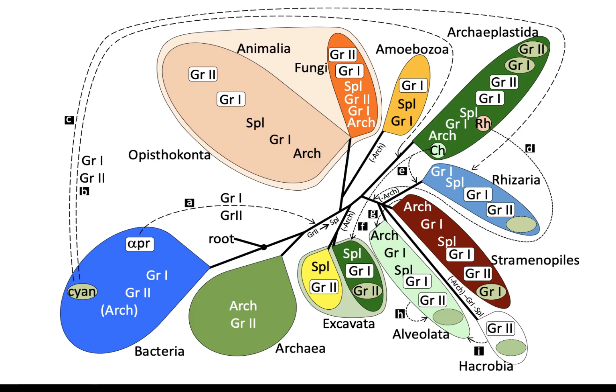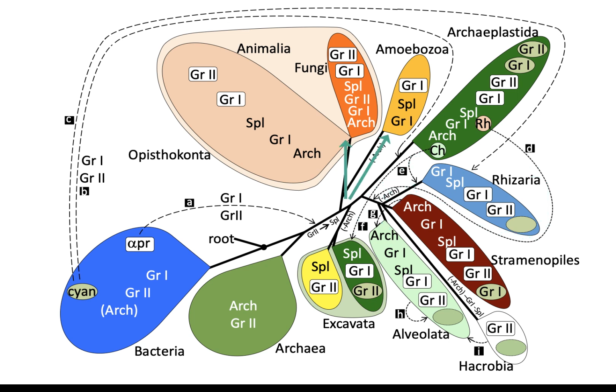The spread of the introns can also be accelerated by endosymbiotic events, such as moving an alpha proteobacterium into an archaeal cell where it has carried group 1 and group 2 introns. Cyanobacteria carried group 1 and group 2 introns into the archaeplastida, as well as into the rhizaria, and then these have spread out in different ways into stramenopiles, alveolates, Excavata, amoebozoa, fungi, and animals.